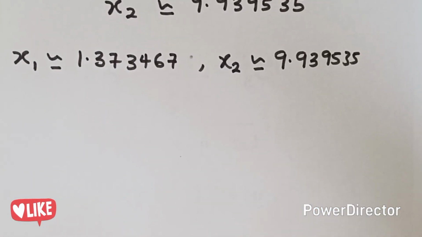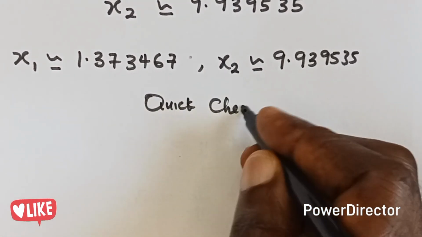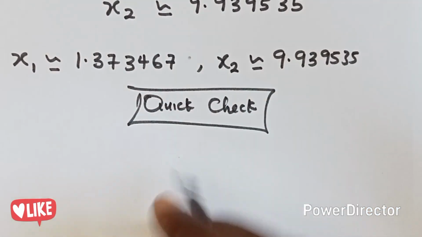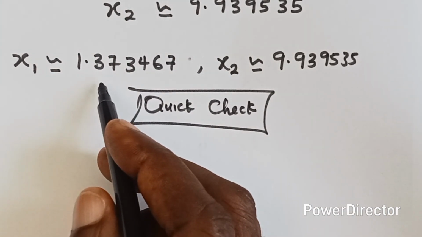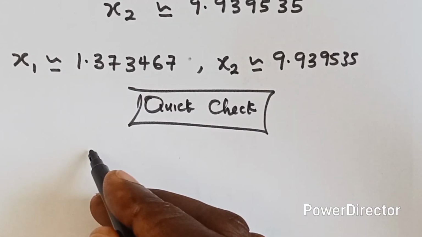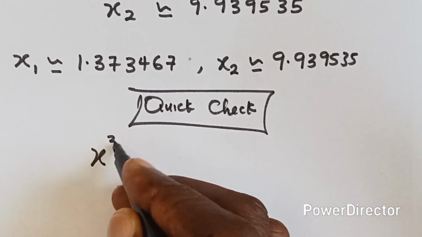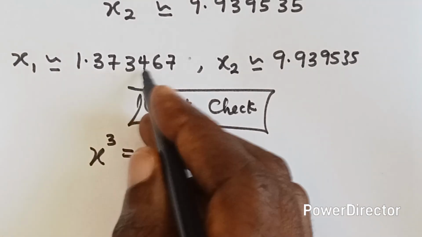We can check. All right, let's do a quick check of our answers. Right, so now we have x to be 1.373467. Don't forget our equation. Our initial equation is x raised to the power 3 equals 2 raised to the power x. Then what is our x? Our x is this.